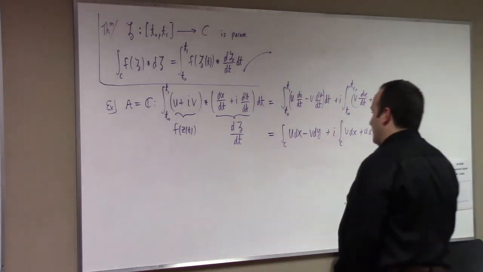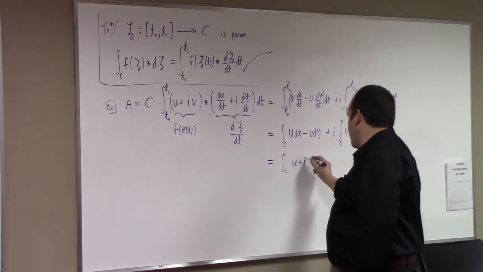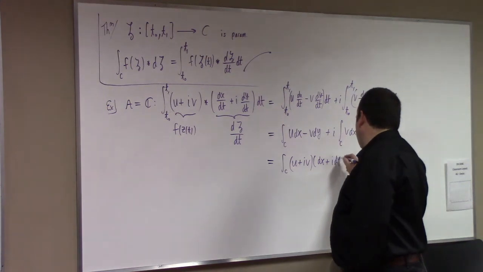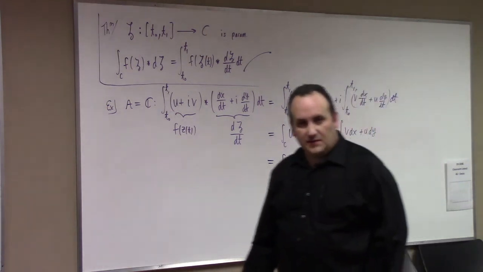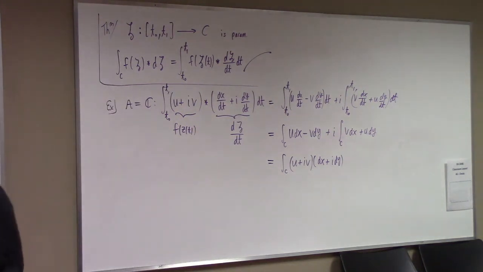But from a purely formal perspective, that's really just the integral over C of u plus iv times dx plus I dy, in the most natural way that you could think of. And so if you want to write down the hyperbolic integral, you just change the I to a j, and it does everything the same except puts a minus. That minus becomes a plus, but that's the hyperbolic integral.